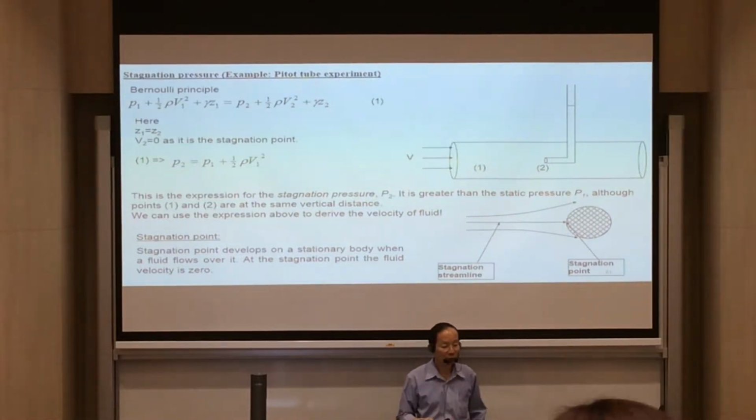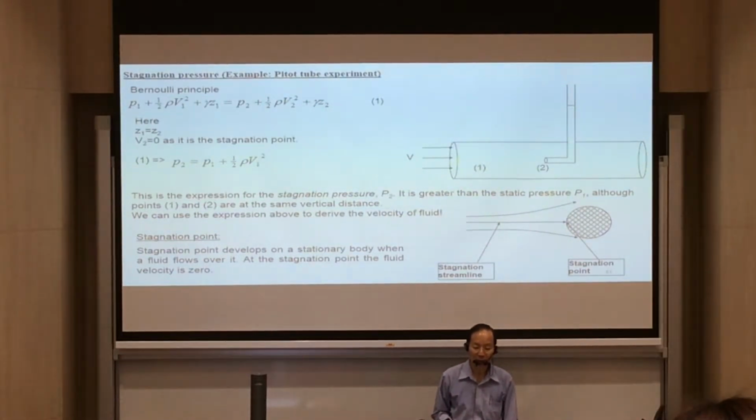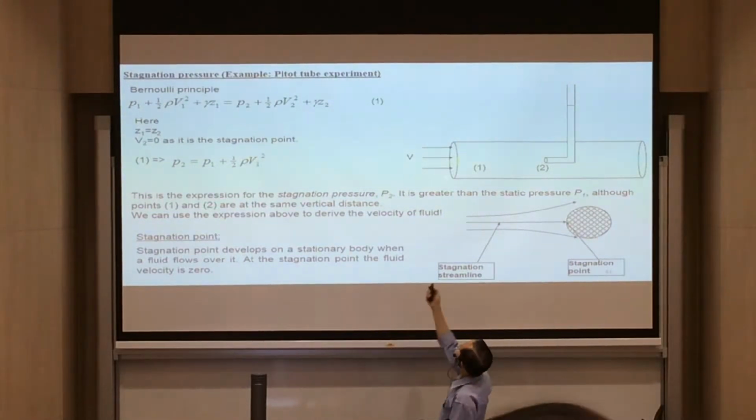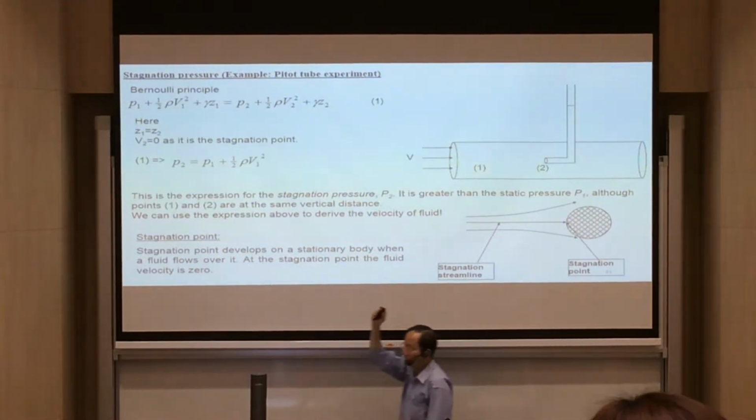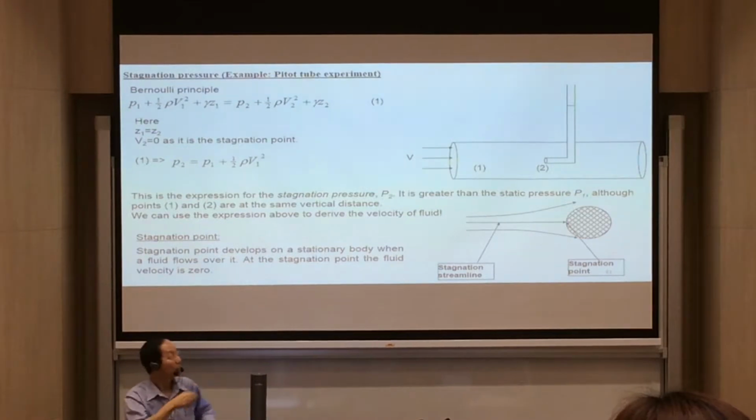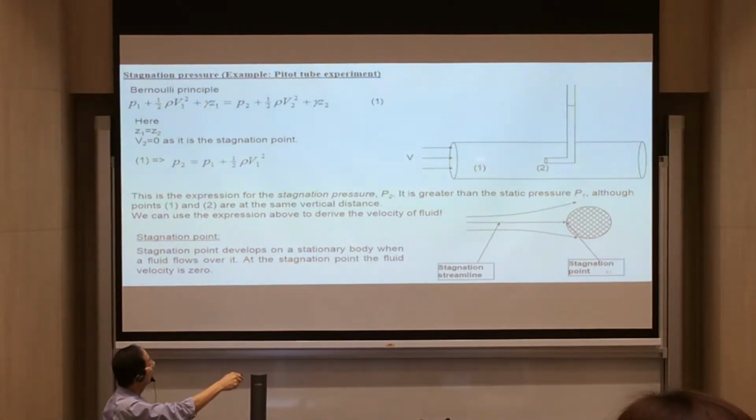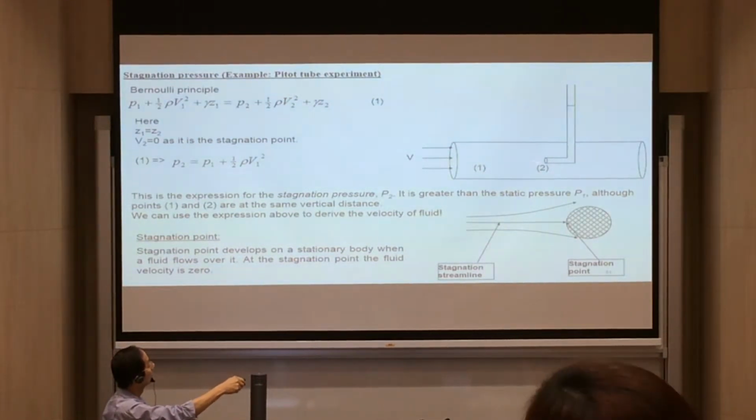Now, the Bernoulli principle. So you have a flow like this. Let's say point 1 is there, and point 2 is there. The flow goes through.